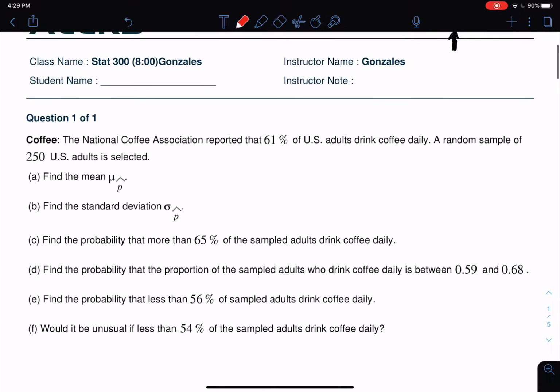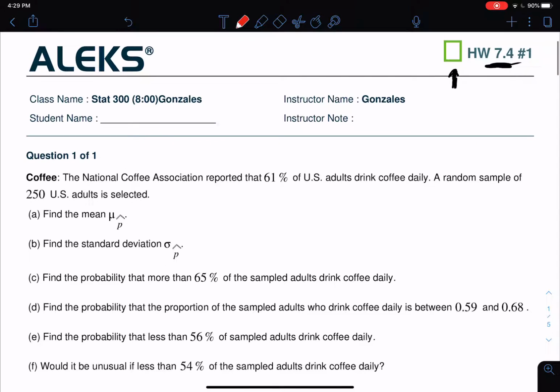Okay, so here it is. Our first problem says, first of all, the National Coffee Association reports that 61% of U.S. adults drink coffee daily. Okay, so it doesn't say anywhere in here about a sample yet, right?